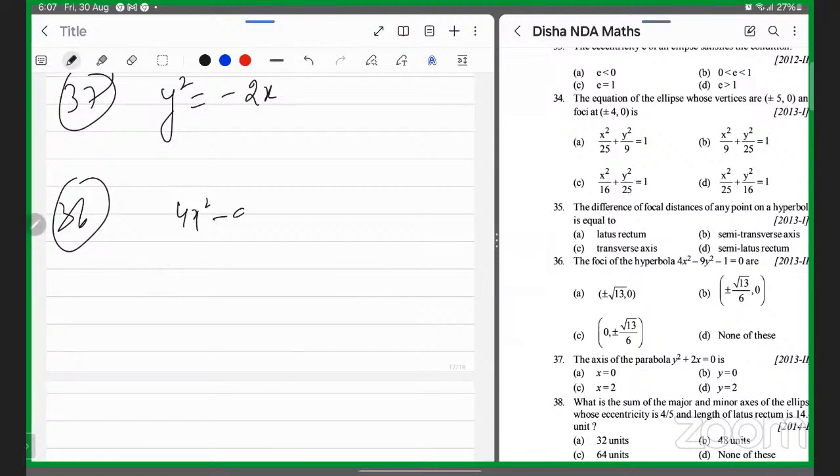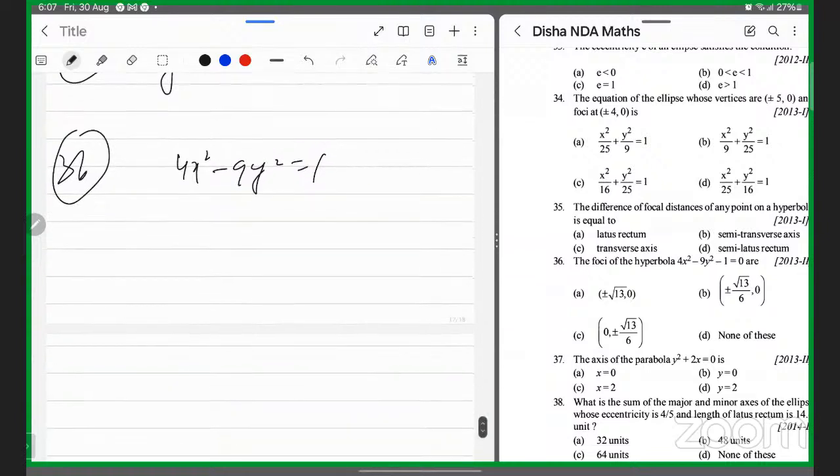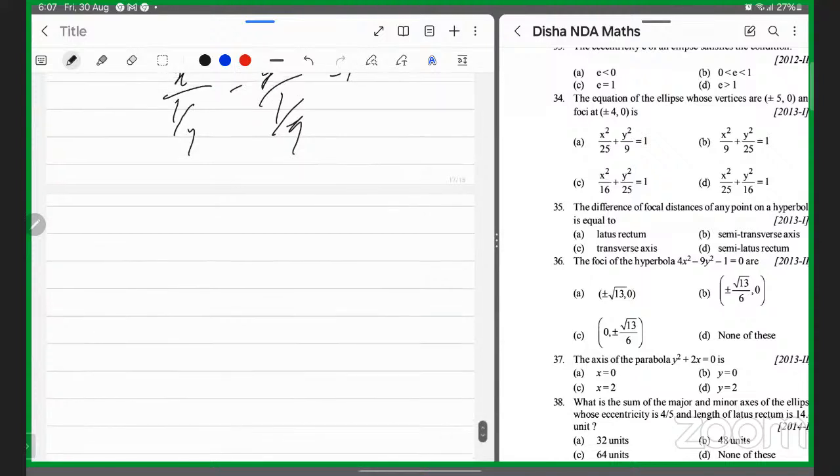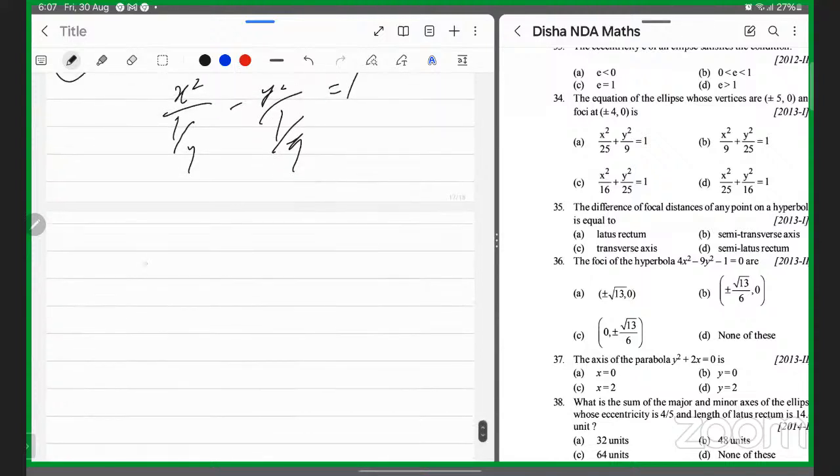4x square minus 9y square equal to 1. From here you will get x square by 1/4, y square by 1/9. This is a hyperbola. I have to find the foci. So here b square equals a square, e square minus 1.